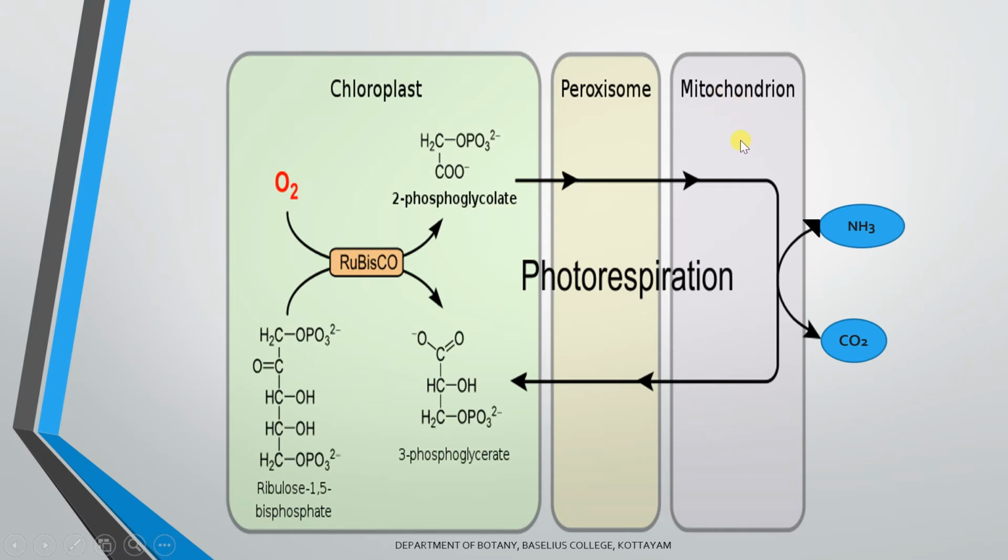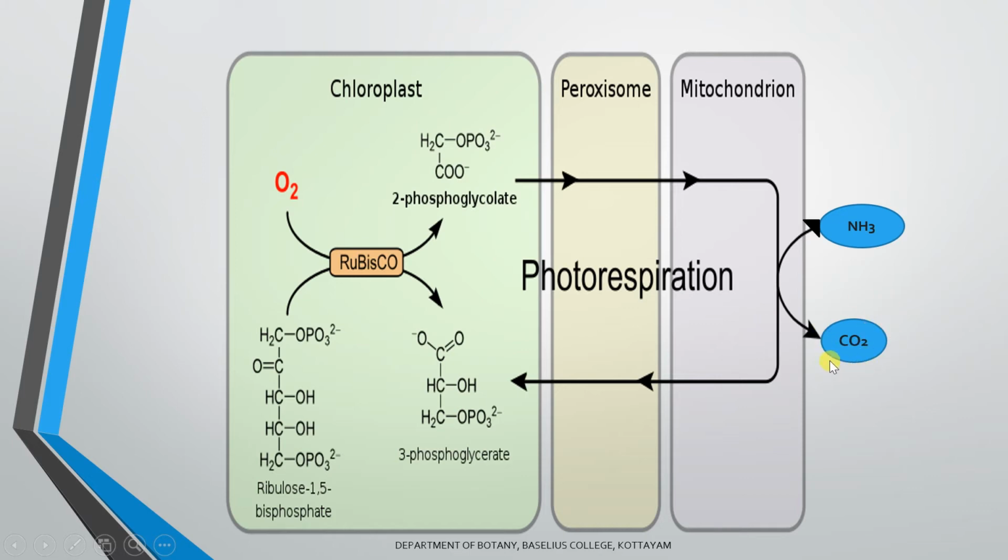So what is the significance of the mitochondrion? Mitochondrion is the site of respiration. In the context of respiration, carbon dioxide is not a precious molecule. It is a waste product. So as a result of the photorespiratory pathway, the most precious carbon dioxide is lost in the mitochondrion as a waste product.